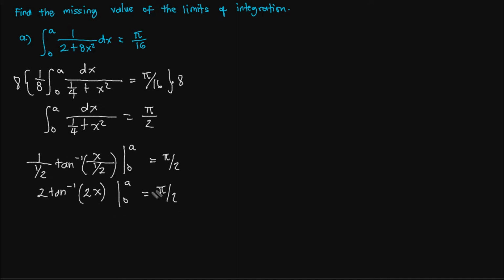Now to further evaluate this, we use the idea of definite integral, and remember we're assuming that this exists, that it is not discontinuous in the interval from 0 to a. So that is 2 inverse tangent of 2a, minus 2 inverse tangent of 0, because 2 times 0 would be just 0. So this is equal to pi over 2.